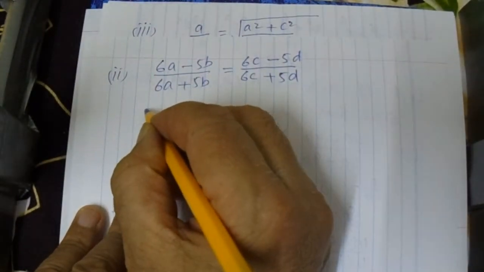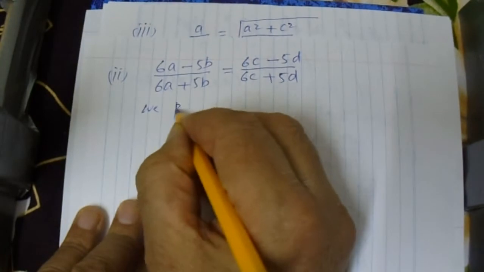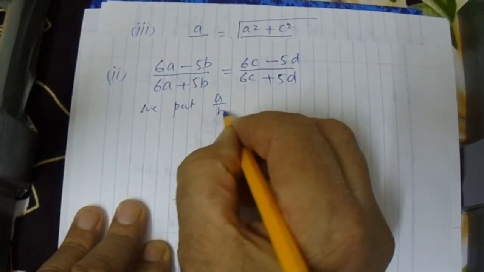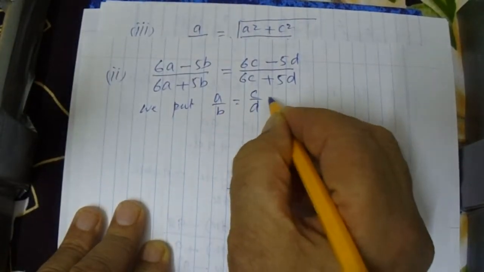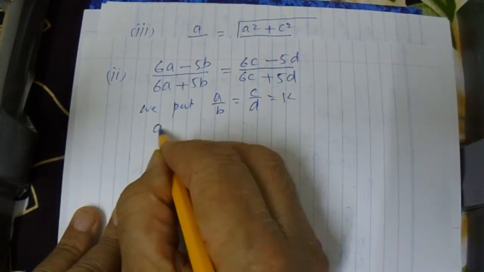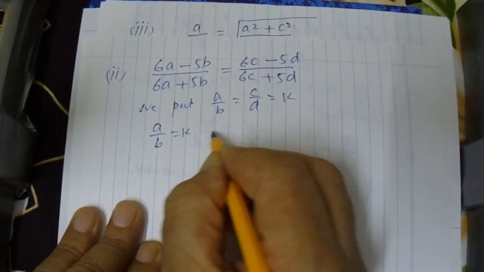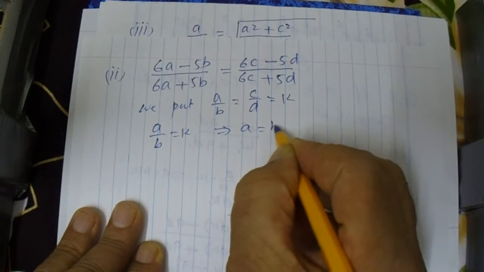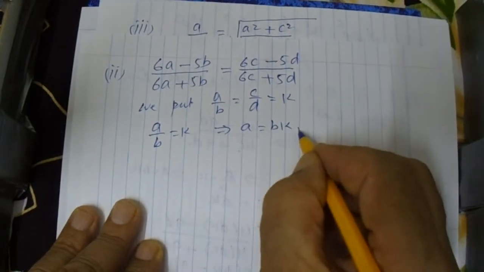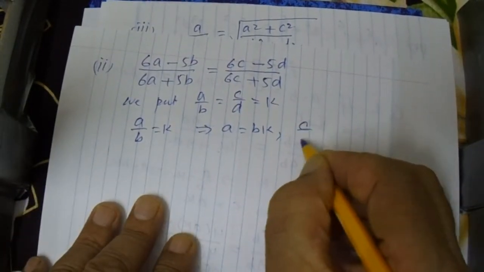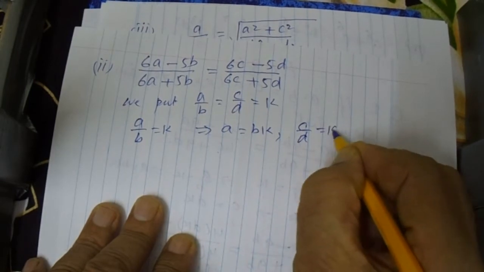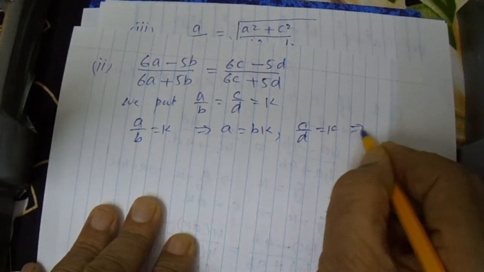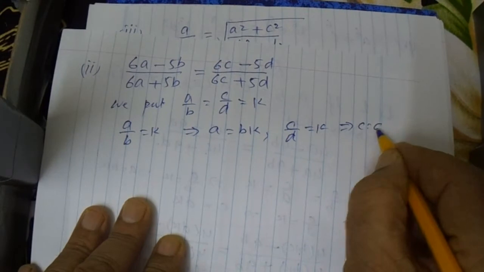Again we put A over B is equal to C over D is equal to K. A over B is equal to K, or A is equal to BK. Similarly, C over D is equal to K, and here C is equal to DK.